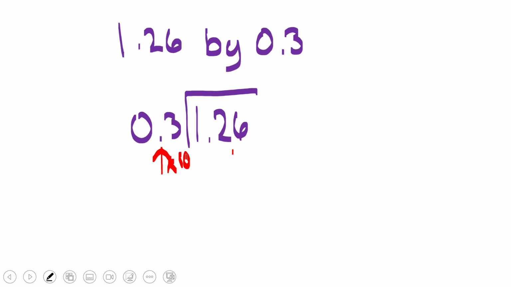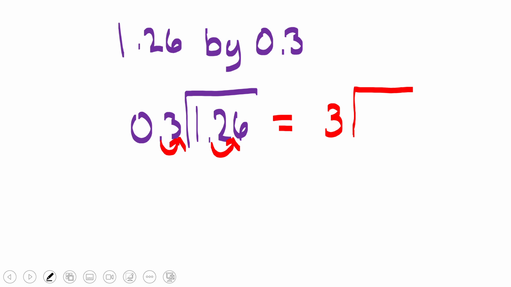If we multiply by 10 on this side, we have to multiply by 10 on this side. We want that to not be a decimal in that divisor. So if we move the decimal to the right one place here, we need to move it to the right one place here. And what we'll be dividing is 12.6 by 3.